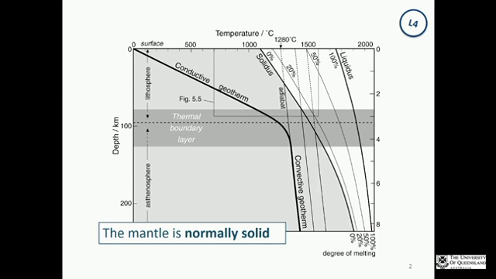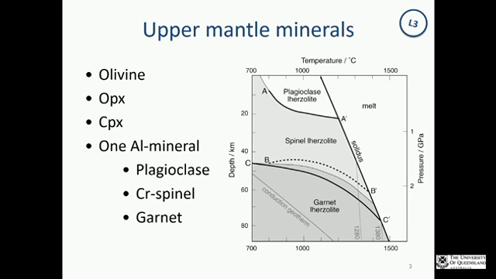And mantle rocks, or at least the upper mantle rocks, have a very simple mineralogy. You normally get olivine, CPX, and OPX, and those are the three minerals you use to classify them, plus an aluminium phase. The interesting bit is that the aluminium phase is pressure dependent.